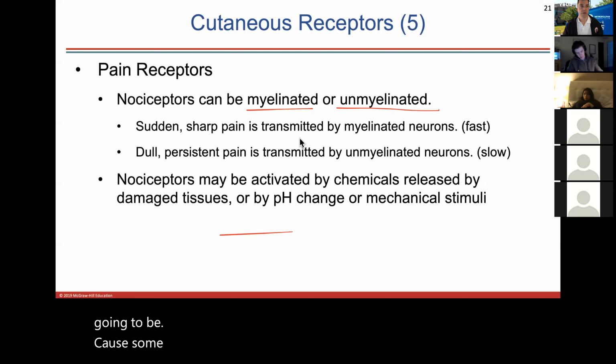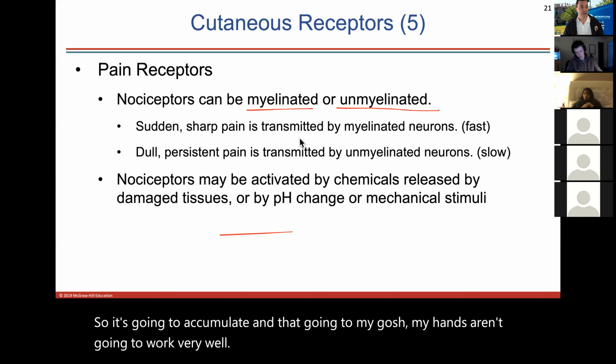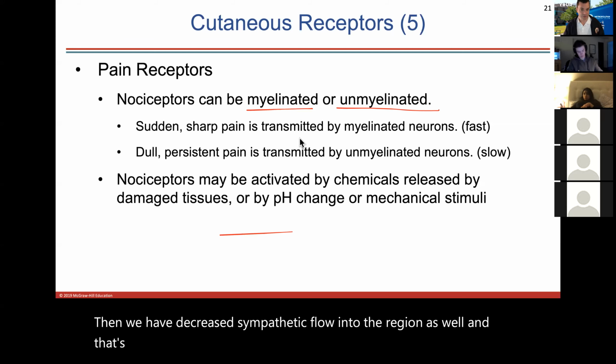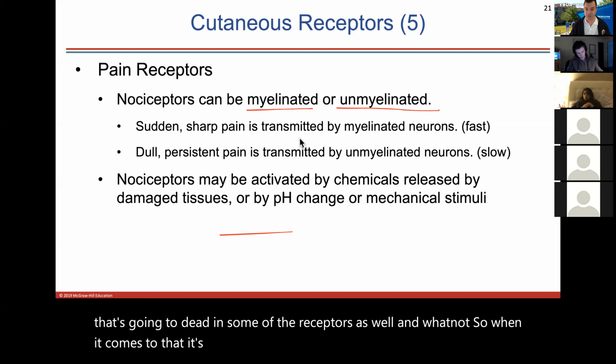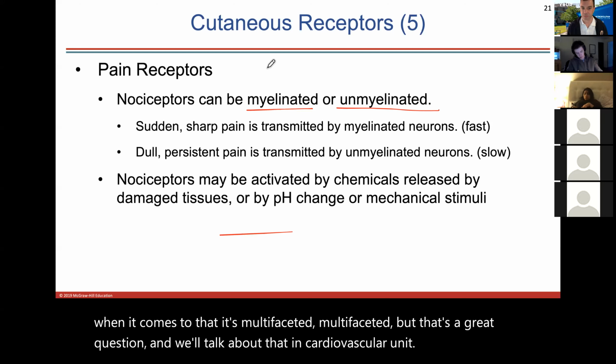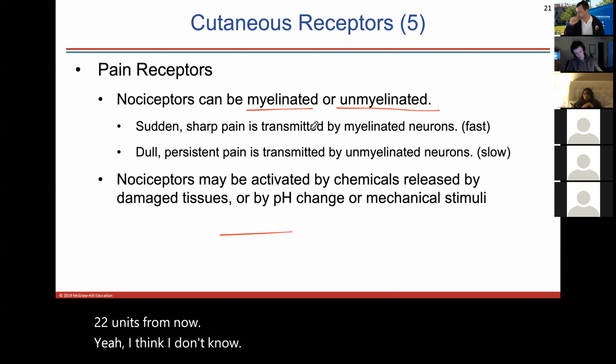You're not going to be able to remove that waste product from the region, so it's going to accumulate, and, oh my gosh, my hands aren't going to work very well. Then we have decreased sympathetic flow into the region as well, and that's going to deaden some of the receptors. So when it comes to that, it's multifaceted, but that's a great question. We'll talk about that in the cardiovascular unit, two units from now, I think. I don't know, I can't remember. But pretty simple.